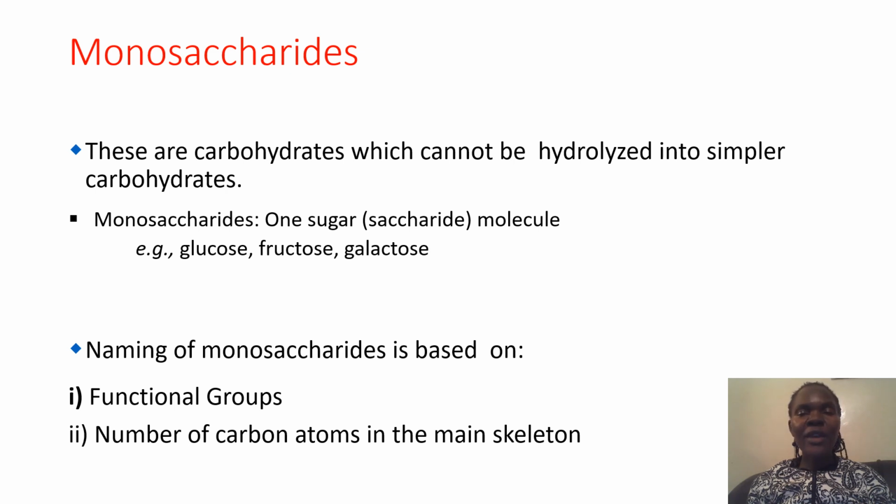Then we are going to dwell much on how naming of a monosaccharide is done. Naming of a monosaccharide is based on two criteria. One, the functional group, and two, the number of carbon atoms in the main skeleton.